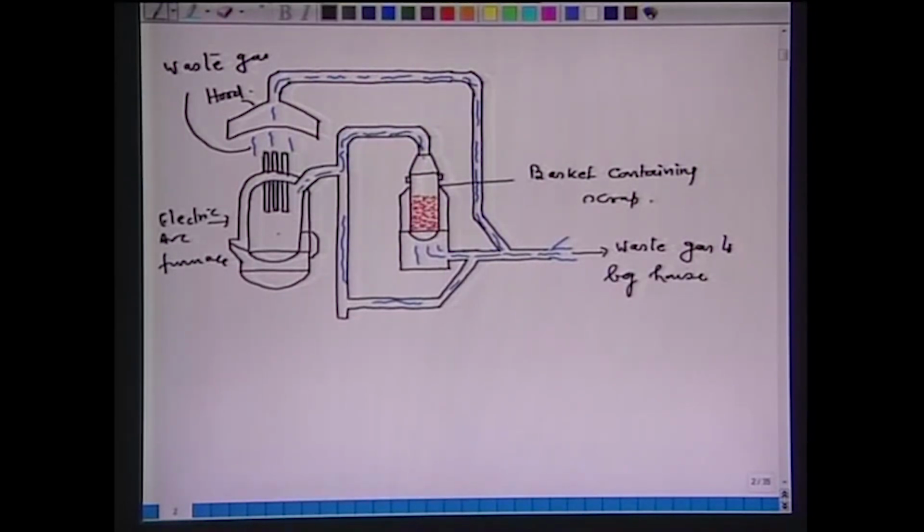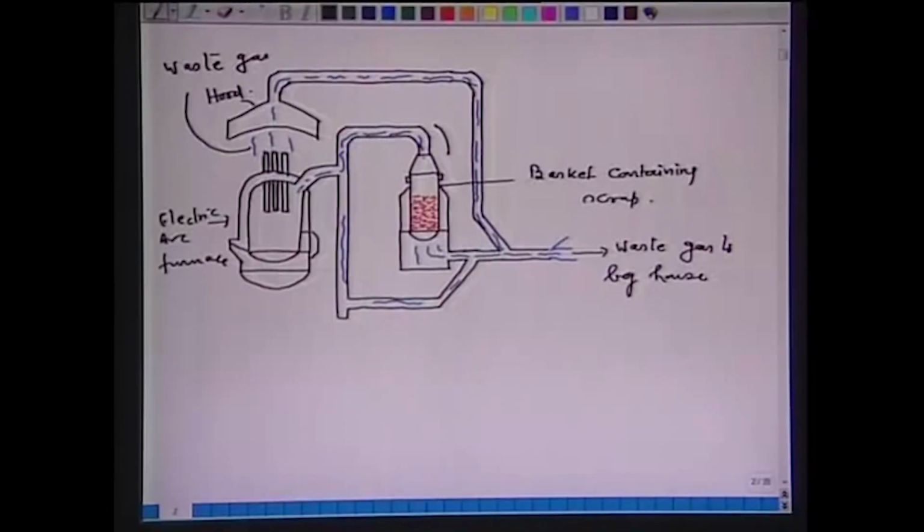Now, say a portion of the waste gas is diverted to this particular loop and enters the basket. In the residence time in which the scrap is in contact with the flowing waste gas, the scrap will be heated up, and the rest of the gas is discharged into the bag house.